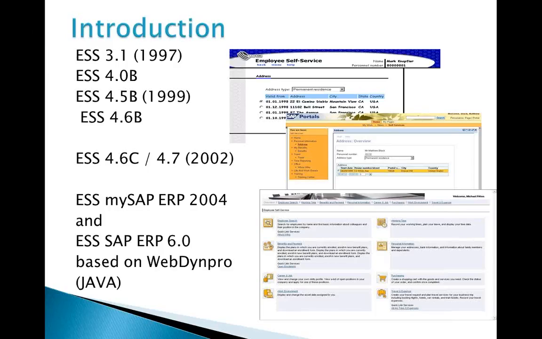And then with mySAP ERP 2004, from that time onwards, the look and feel has changed to this format. This is a portal which is integrated with Web Dynpro Java.